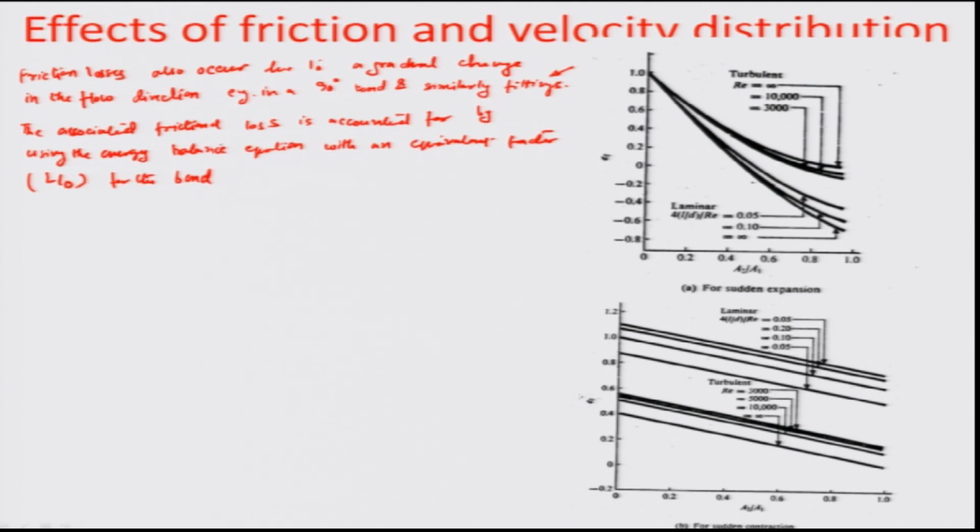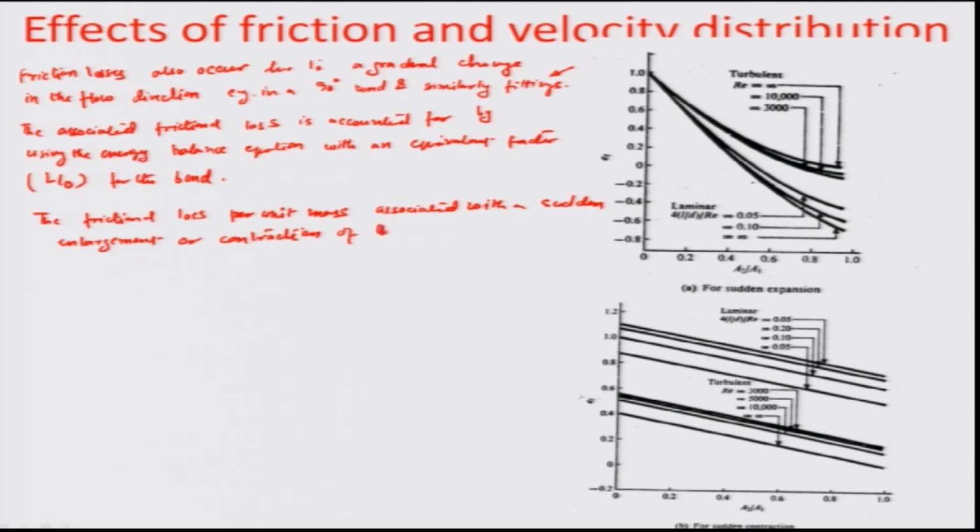The frictional loss per unit mass associated with a sudden enlargement or contraction of the flow cross section or flow area is, let us say, EF2, just as we had EF1 for the wall friction effect earlier.